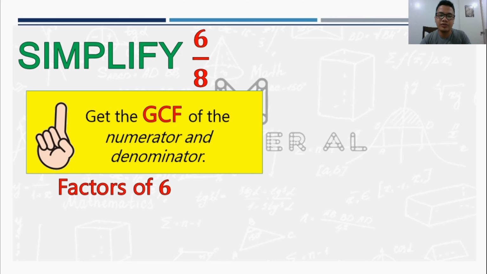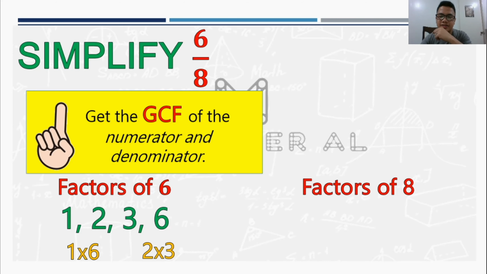So let's start with factors of 6, then later factors of 8. I'll give you 5 seconds to think about the factors of 6. 5, 4, 3, 2, 1. So factors could be 1 times 6, 2 times 3. Therefore, the factors are 1, 2, 3, and 6.